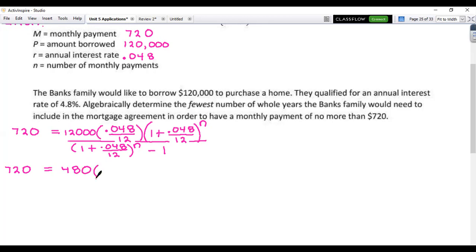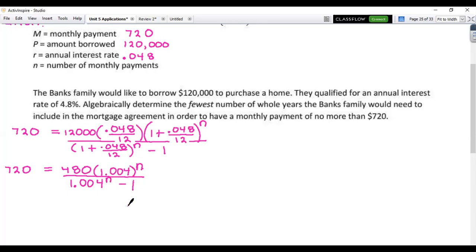What is 1 plus 0.048 divided by 12? So this is 1.004 raised to the n, which means, isn't that the same thing? So this is going to be 1.004 raised to the n minus 1. All right, how's that so far? Good.